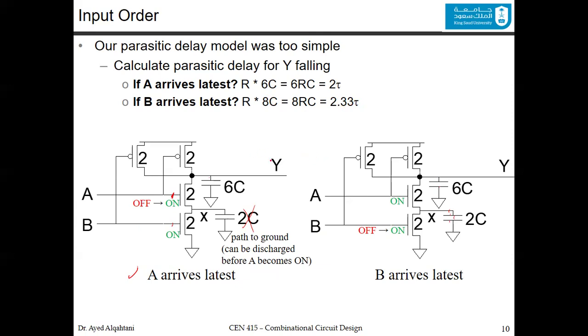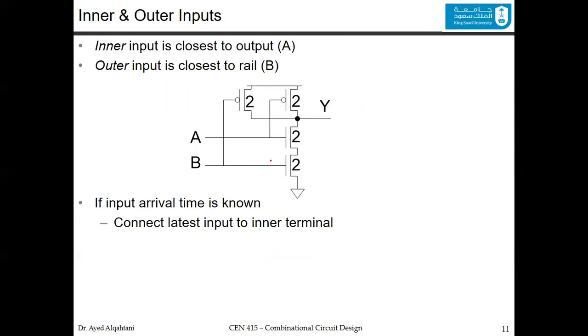So from this discussion, we will make this distinction. We will have what we call inner input and outer input. The inner input is close to the output, and the outer input is close to the rail, whatever the rail is, the VDD or the ground.